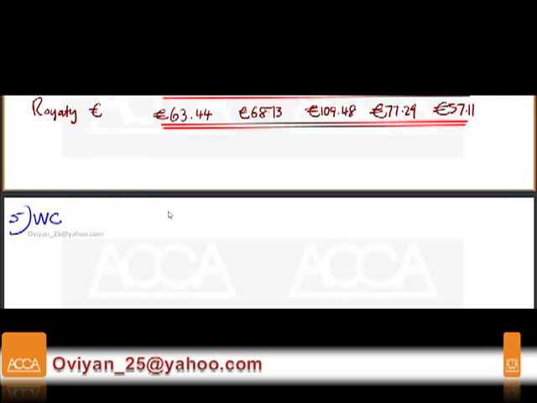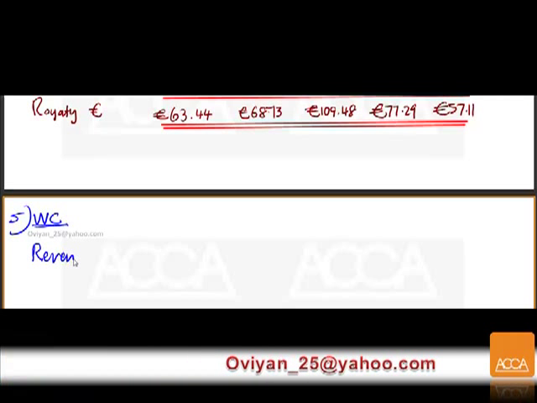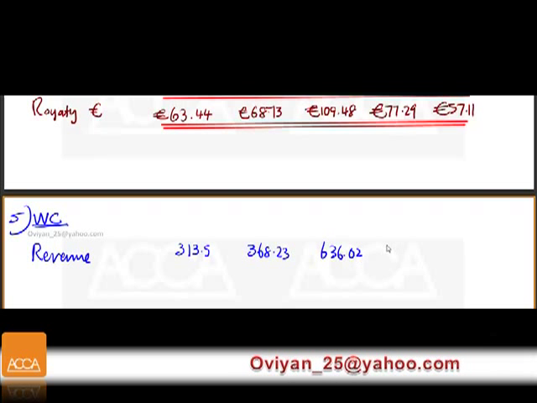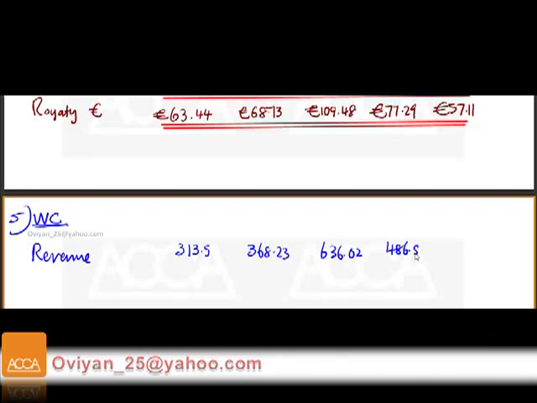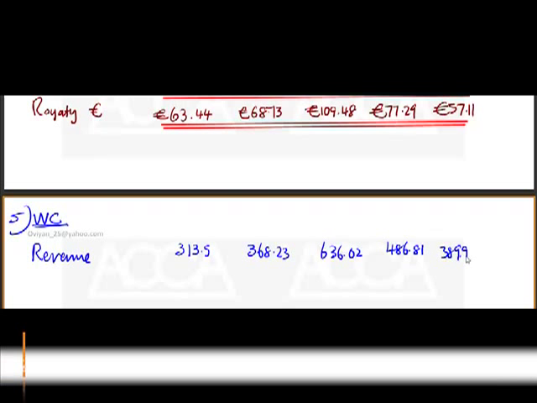Now sales working capital will be based on revenue. It is 313.5. This is 368.23, 636.02, 486.81, and the next one is going to be 389.99.